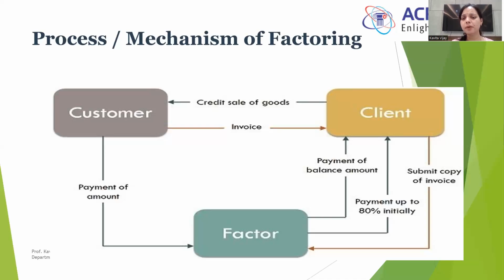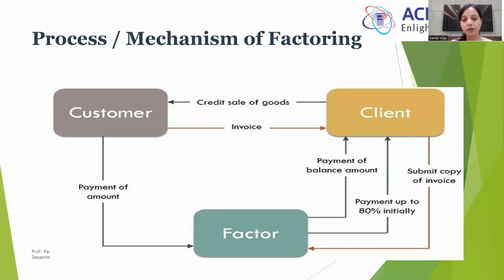The next step is that a copy of these invoices is given to the factor company. The factor company checks or investigates the creditworthiness of the customer, and then purchases the invoices from the seller company and pays up to 80%. This is the advance amount which the factor pays to its client, the selling company, up to 80%.